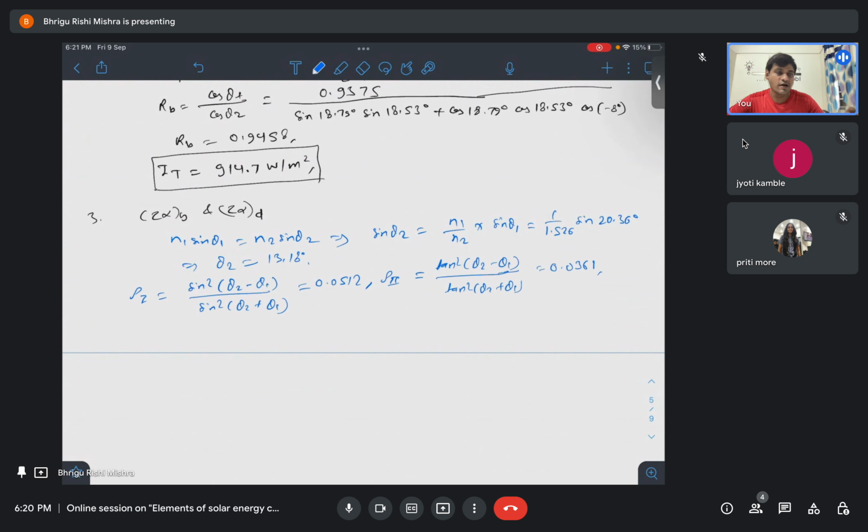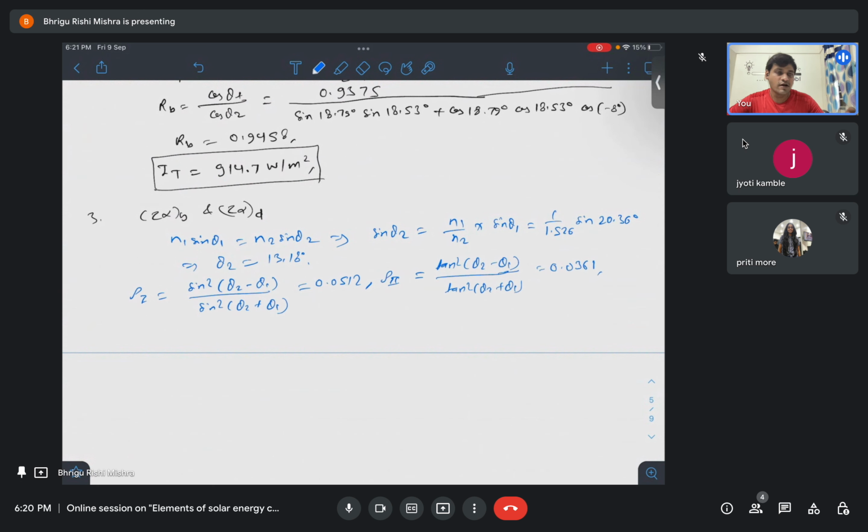Now this way we can calculate tau r first, which is 1 minus rho first by 1 plus rho first. Here we have one cover, so m is 1; otherwise it would be (1 minus rho) by (1 plus (2m minus 1) rho), where m is the number of covers. Since we have one cover, it is (1 minus 0.0512) by (1 plus 0.0512), which comes around 0.903.